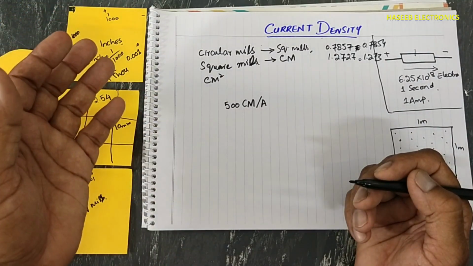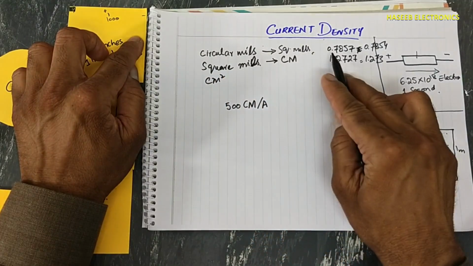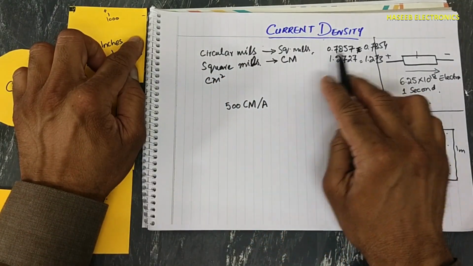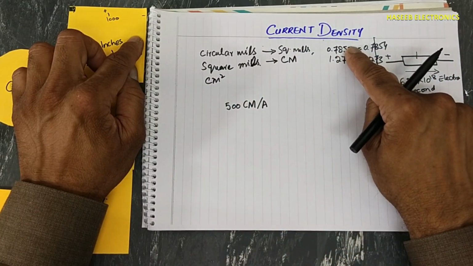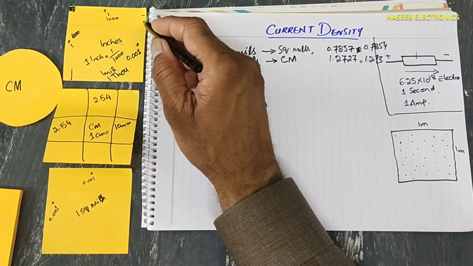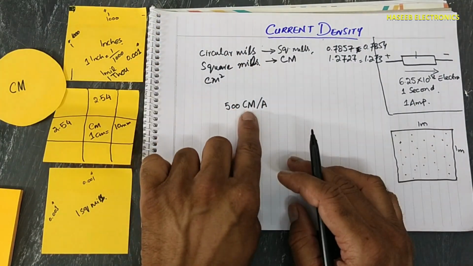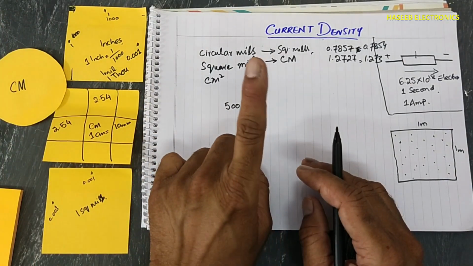When we want to check circular mils, we can multiply with 0.7854 to determine the number of square mils. 500 circular mils are allocated for 1 ampere.